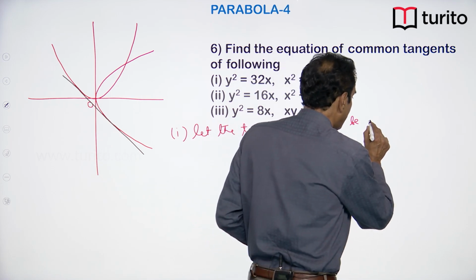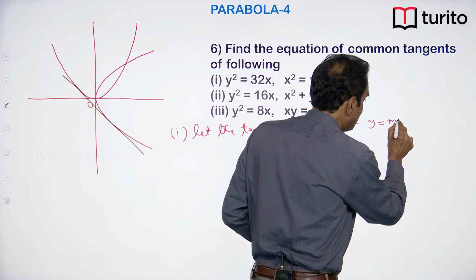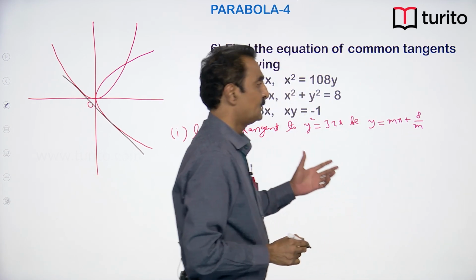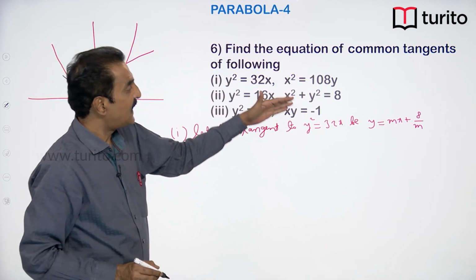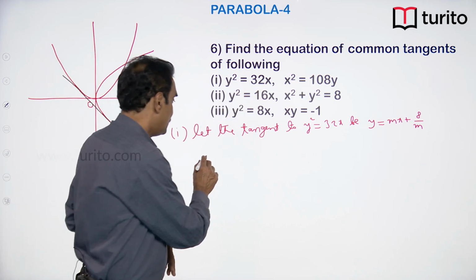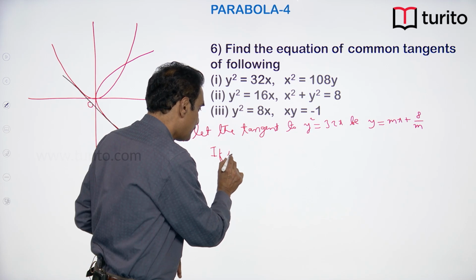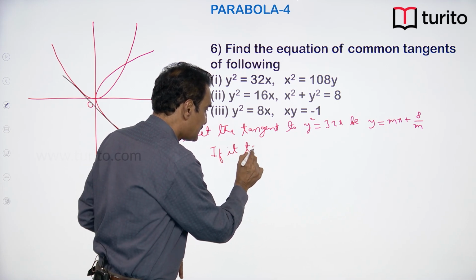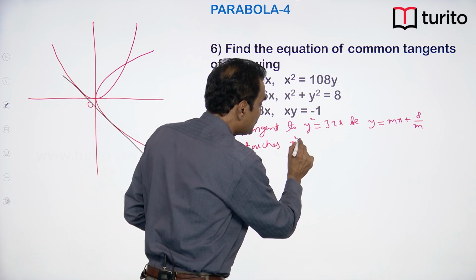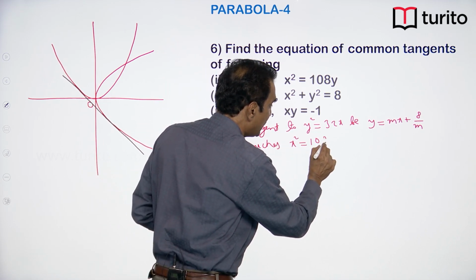So, y is equal to mx plus 8 by m. If it is tangent to this parabola also, if it touches x square is equal to 108y.